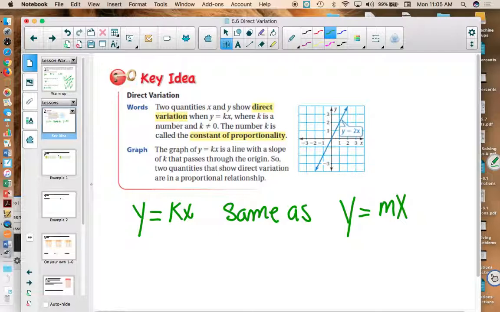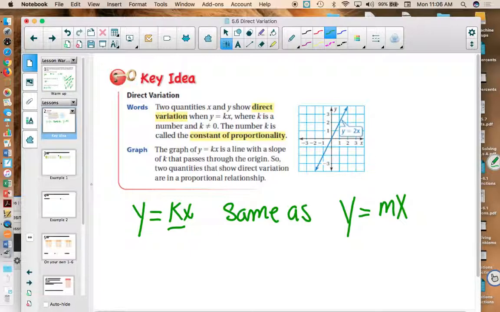K and M are still talking about the slope. The reason they're calling it K is because, yes, it's talking about the slope, but it wants you to understand that it is a constant of proportionality, a constant rate of change. That's why they called it K.